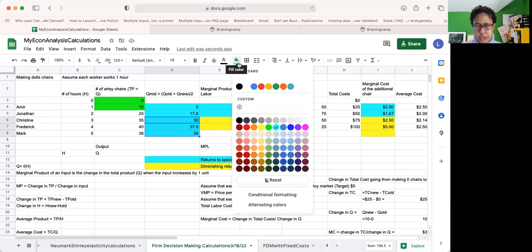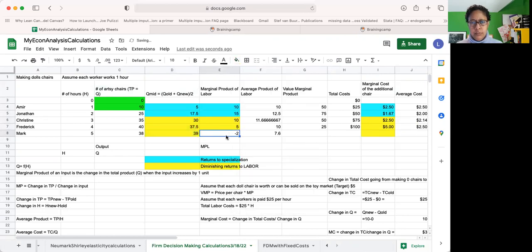Okay, I just want to make a note now about these colors that I've put. We've made an assumption, I talked about this before, that it's not the individual workers who are different. We're assuming a homogeneous, perfectly competitive labor market, that the workers are all the same. It's the order in which they're hired that's going to matter. What we can see here is, when we hire Amir, we've got a marginal product.